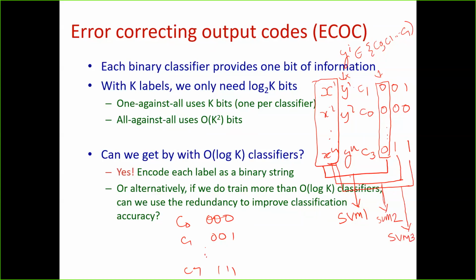So if there are 8 classes, how many SVMs are you training? 3 SVMs. If there are K classes, how many bits do you require to encode them as binary strings? You need log K base 2 number of bits.